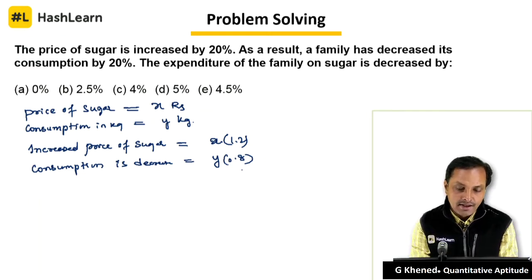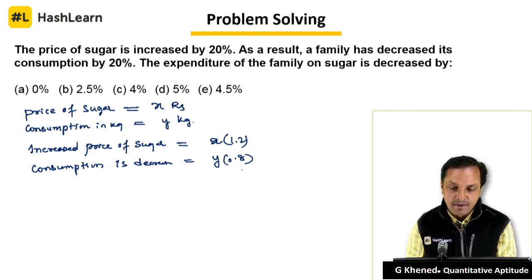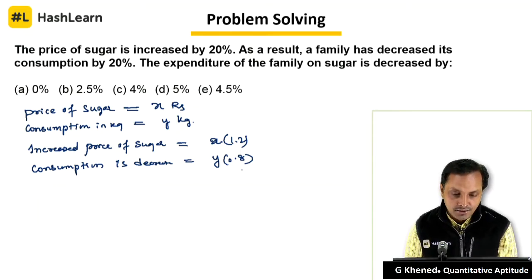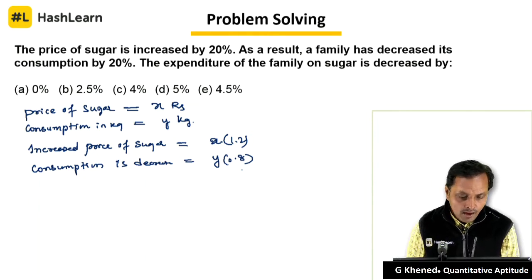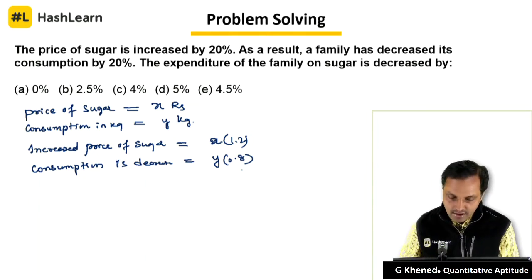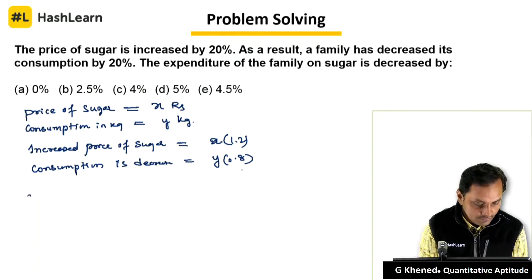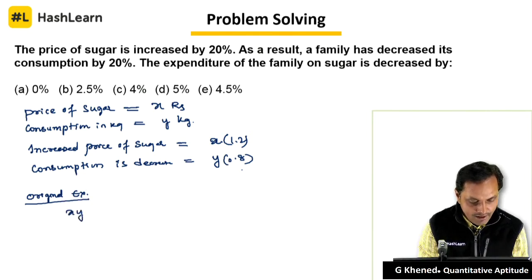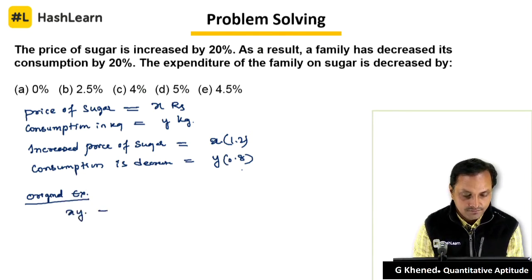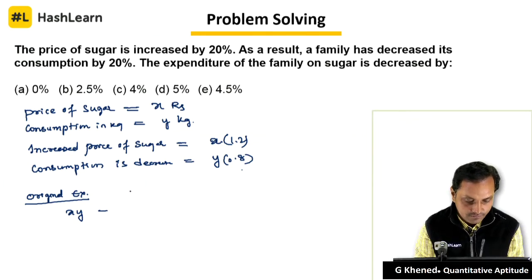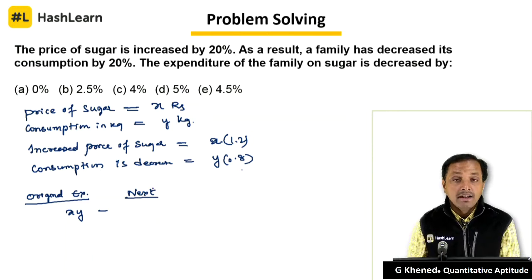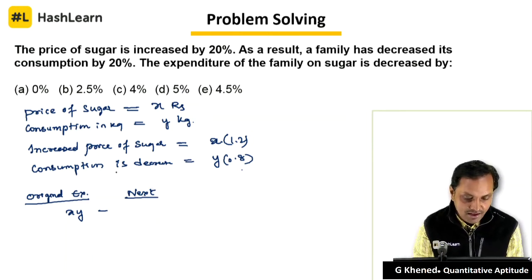The expenditure of the family on the sugar is decreased by. So what was your original expenditure? Original expenditure was X into Y minus, the next, after increasing the price, how much is it becoming?